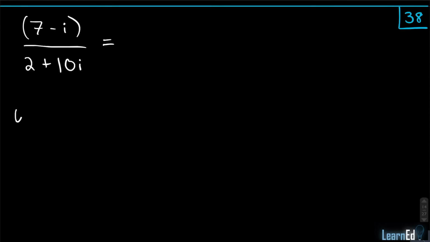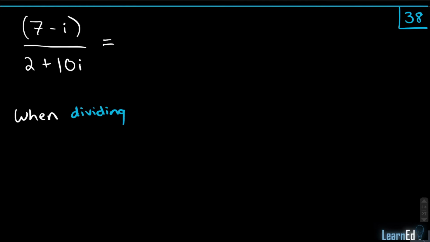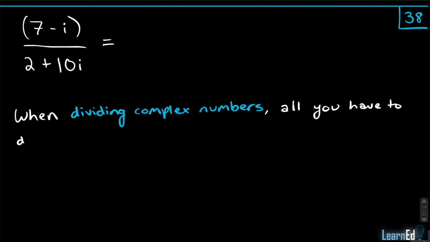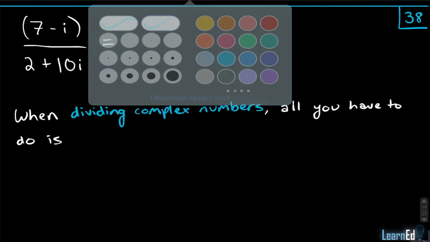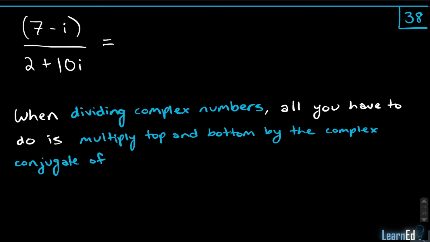When dividing complex numbers, all you have to do is multiply top and bottom by the complex conjugate of the denominator.